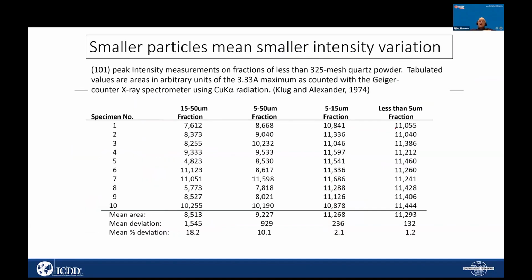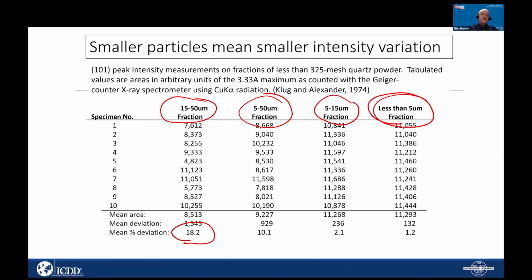Now, a classic study by Klug and Alexander showed the effect of particle size on your intensity variation. In this particular case, they looked at different fractions of quartz, and they focused on a particular quartz peak. And when they looked at this, they said that if you had a 15 to 50 micron range of particles, your reproducibility in your intensity, your deviation, was 18%.